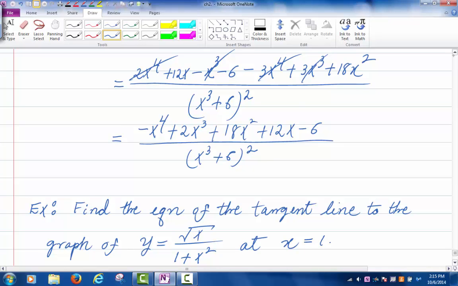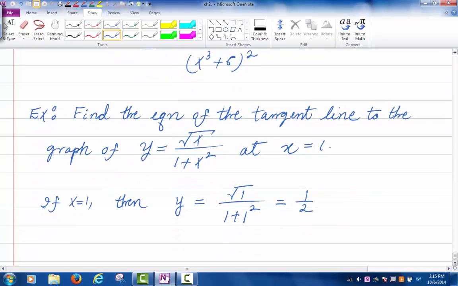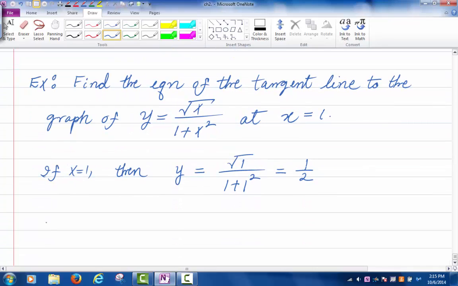And what's the slope of the tangent line? The slope of the tangent at x equals to 1 is what?